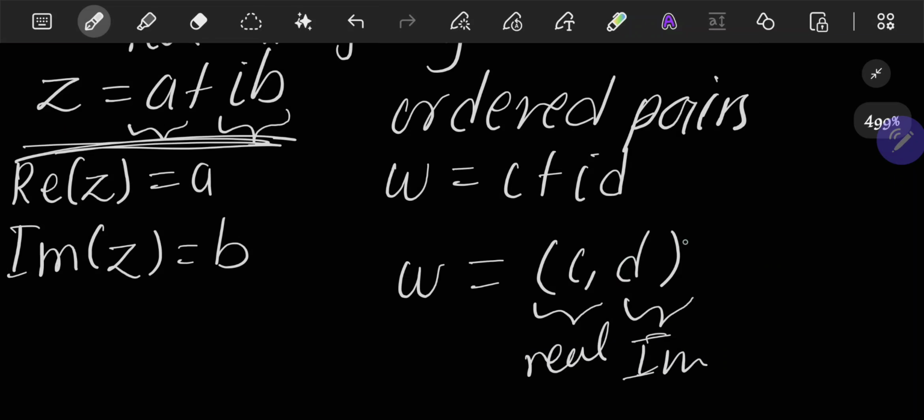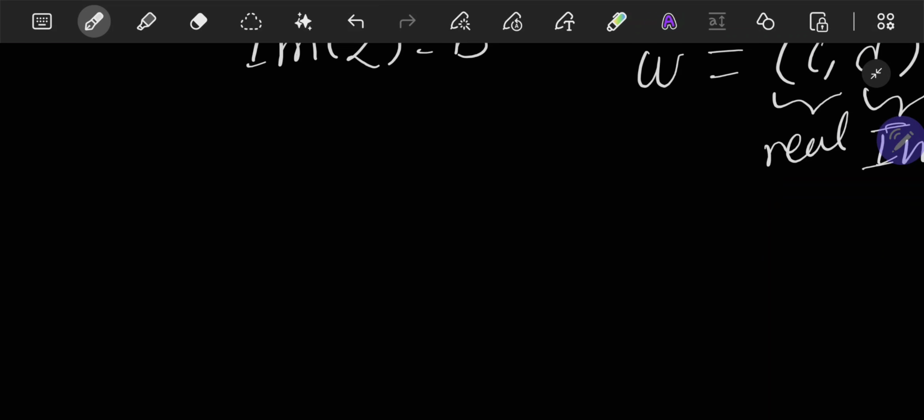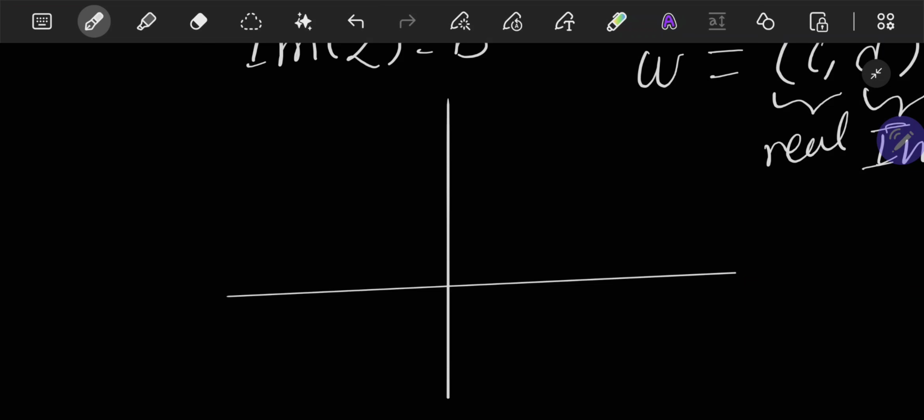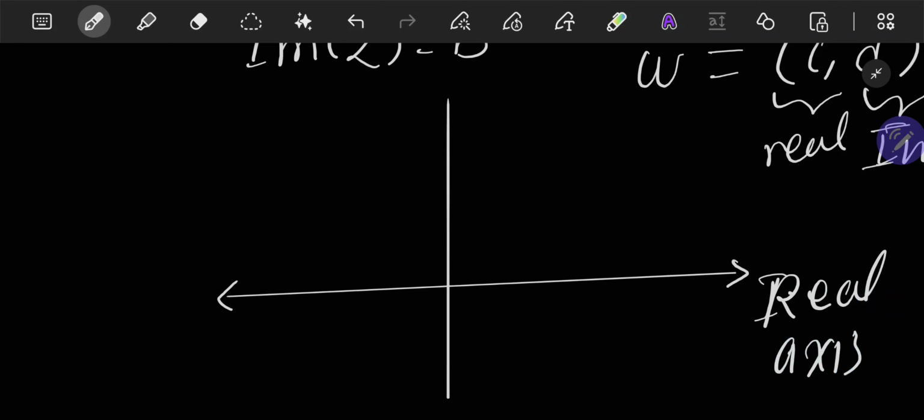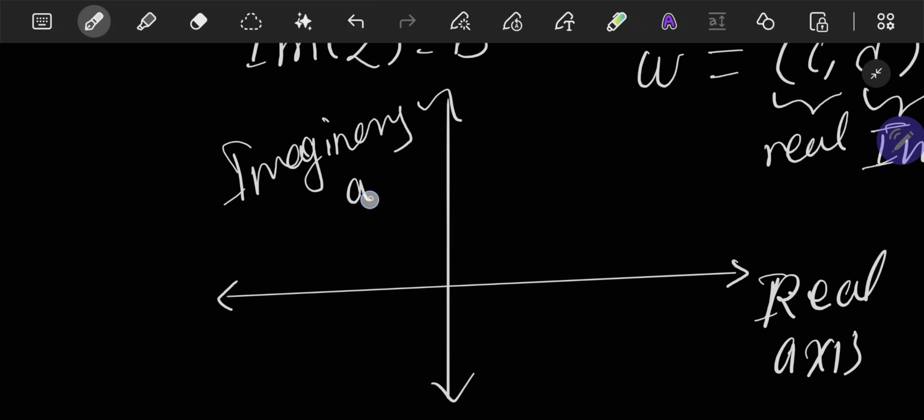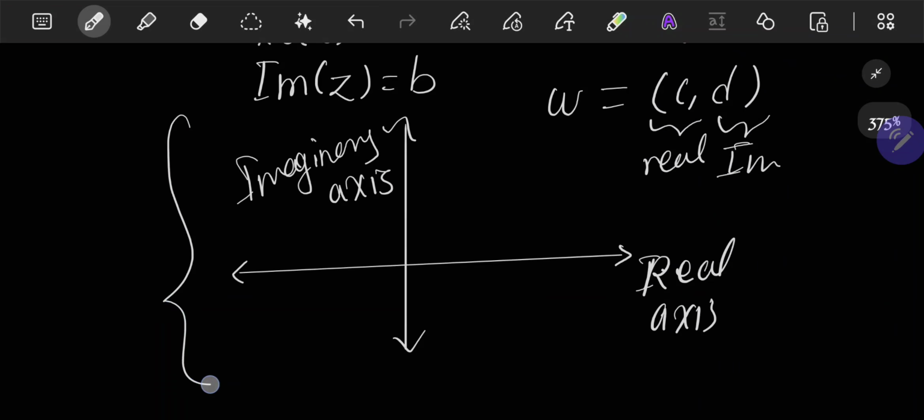Because we can write this as an ordered pair, we can also visualize this on a graph. This line is called the real axis, and this line is called the imaginary axis. Altogether, this entire plane is called the complex plane.